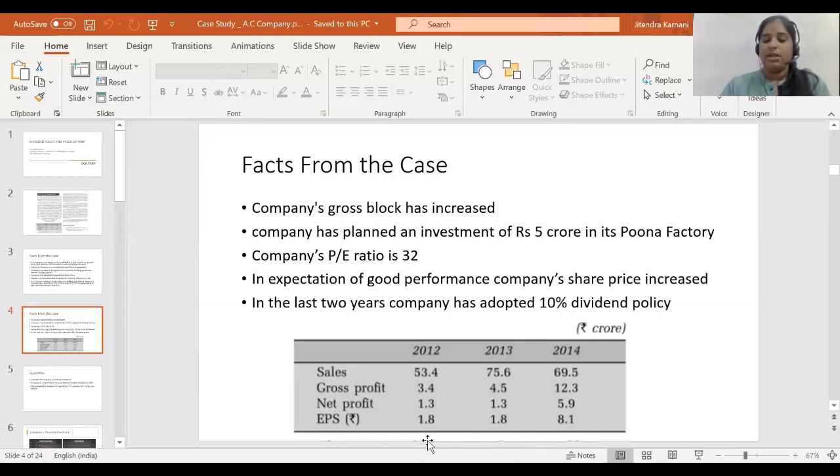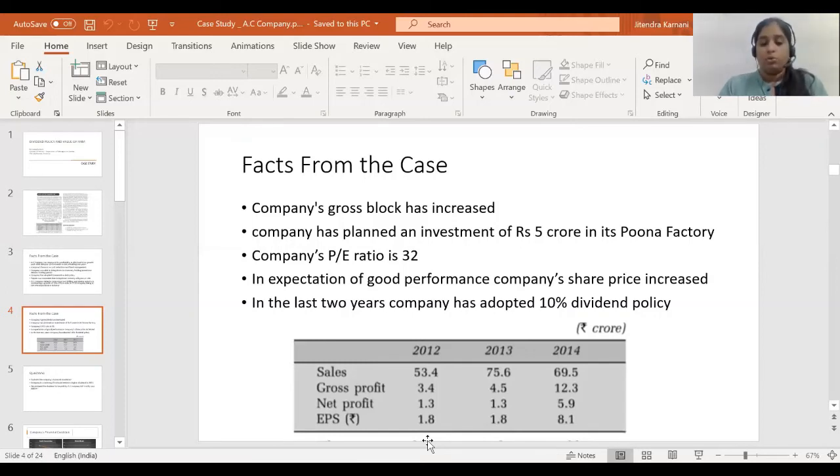Sales have increased in the year 2012 from 53.4 crores to 75.6 crores, but have shown a little decrease in the year 14, to 69.5, which means the company, that is AC company, is focusing more on completing the pending and previous years' orders rather than on sales.